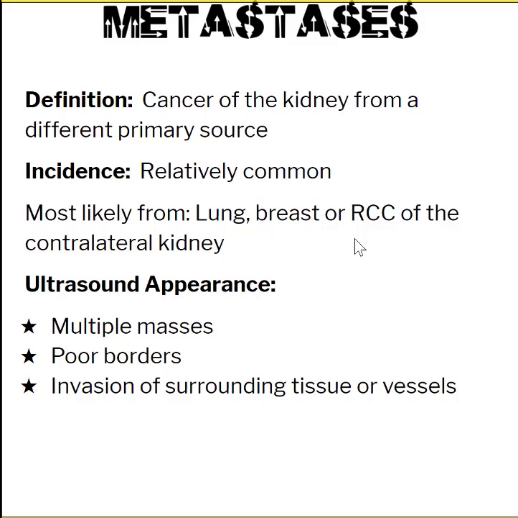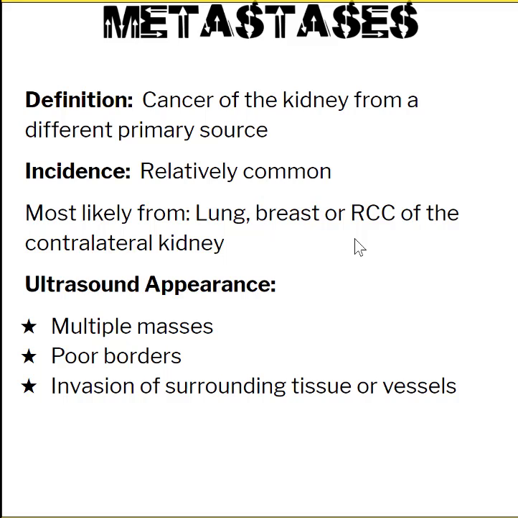Metastases then. Metastases are cancer found from a separate primary source that eventually travels and causes tumors within the kidney. Metastases to the kidney are relatively common. They're more likely to come from lung cancer, breast cancer, or renal carcinoma of the contralateral kidney.